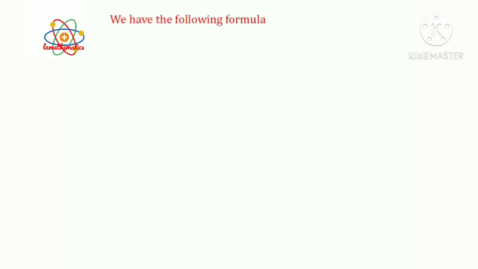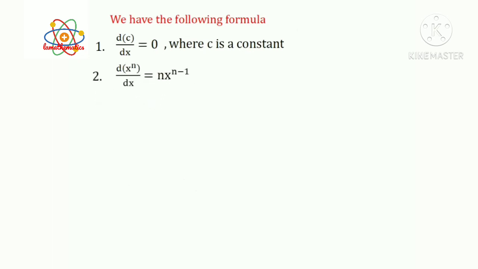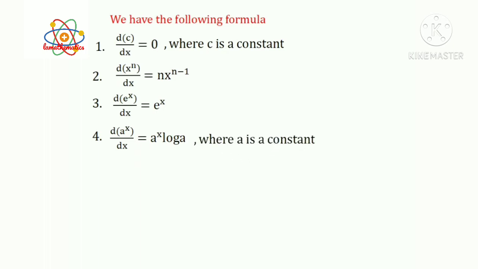We have the following formulas. First, d/dx of c equals 0, where c is a constant. Second, d/dx of x^n equals n x^(n−1). Third, d/dx of e^x equals e^x. Fourth, d/dx of a^x equals a^x log a, where a is a constant.